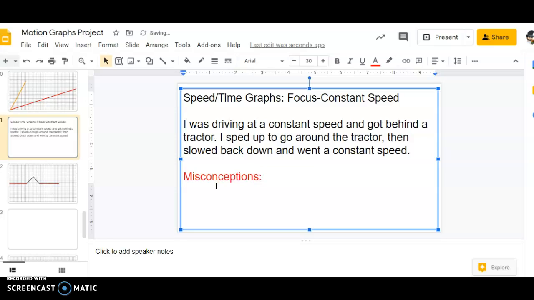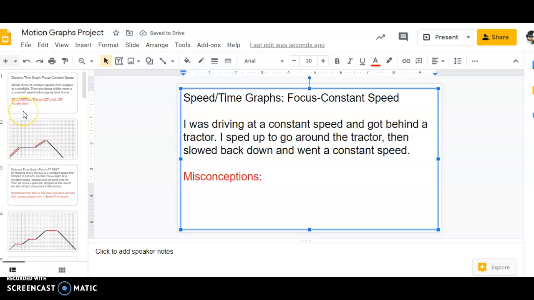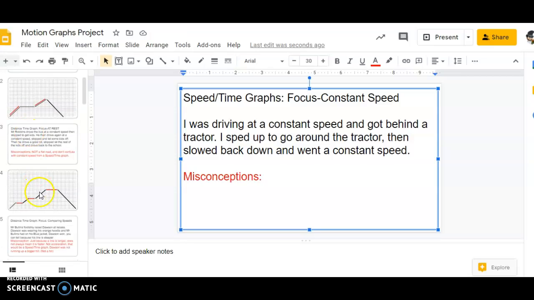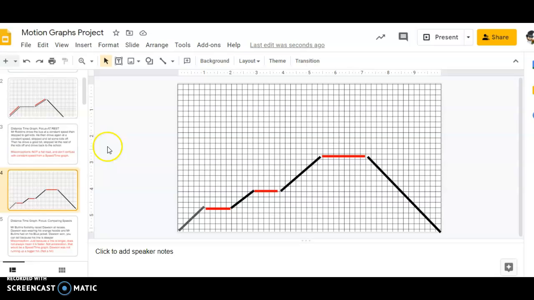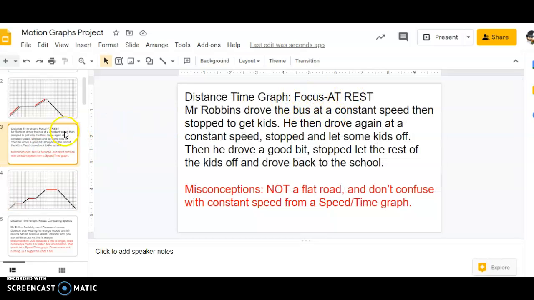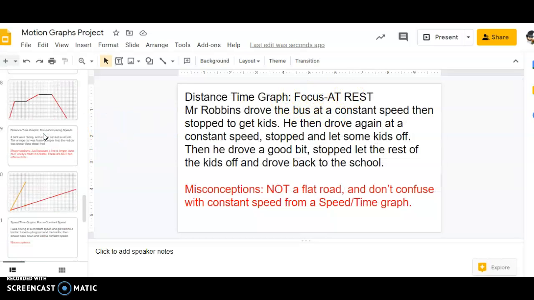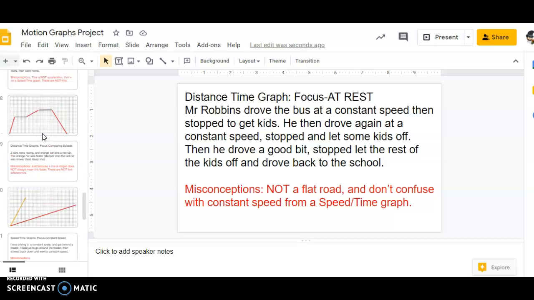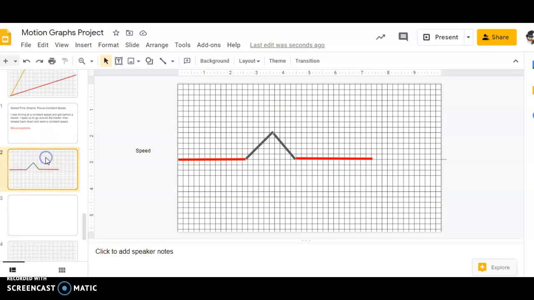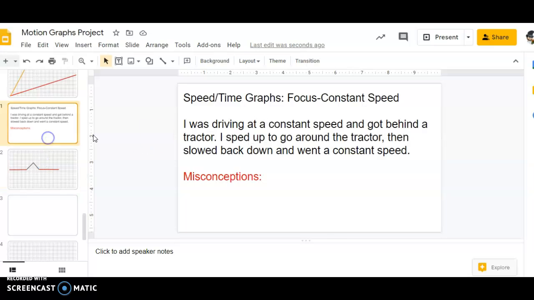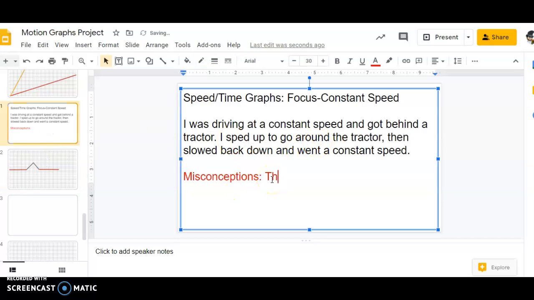Well, if we think back to previously when we had flat lines, okay, these meant at rest back in the day because that was a distance time graph. But now we are actually working on a speed time graph. So we don't want to confuse this. This is not at rest.